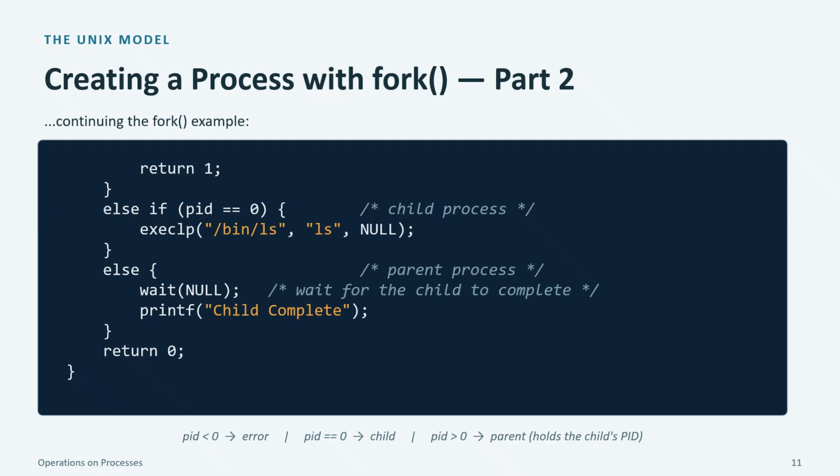So the complete logic is very simple. If pid is less than 0, there is an error in process creation. If pid is 0, we are in the child. If pid is greater than 0, we are in the parent. After the parent receives the child's PID, this is a very important pattern in Unix process programming.